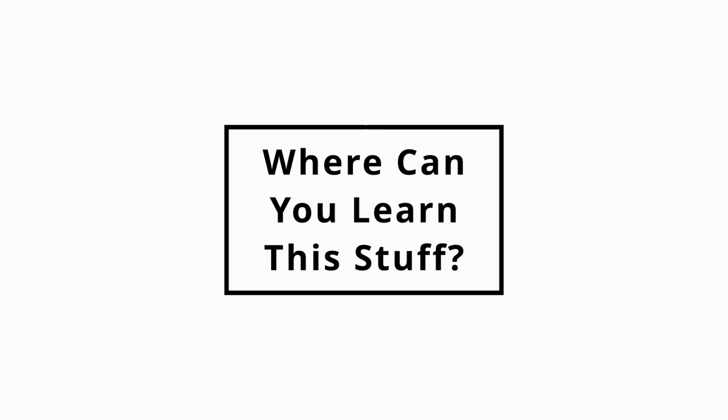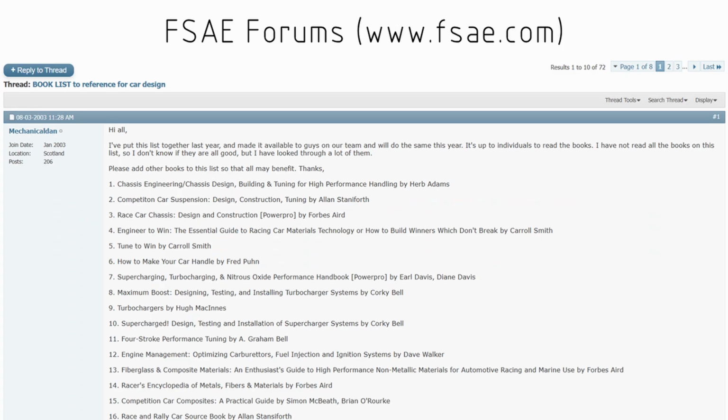Now, in general, there have been quite a few comments about where to go to learn a lot of this stuff. So where to start from if you're starting from zero suspension design knowledge, where do you go? What sort of books would you read? Now, there's so many books and resources out there, but I think the place that I'd point you to is the Formula SAE forums, which is unfortunately a little bit dead at the moment.